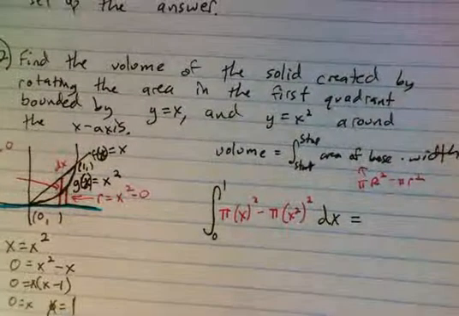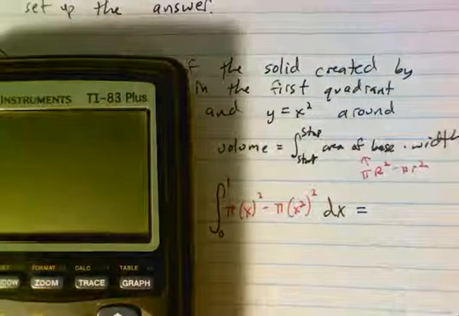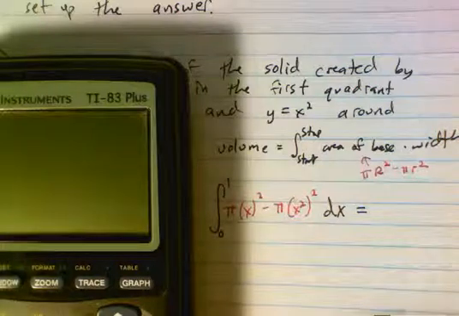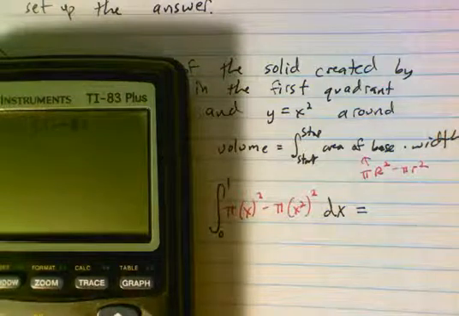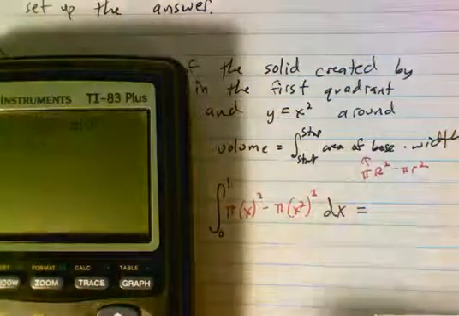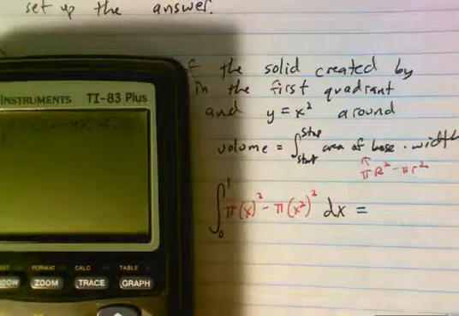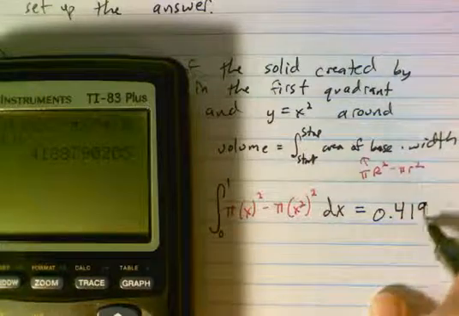And when we put that into the calculator, pi x squared minus pi x squared squared, or x to the fourth, comma x, comma 0, comma 1, 0.419.